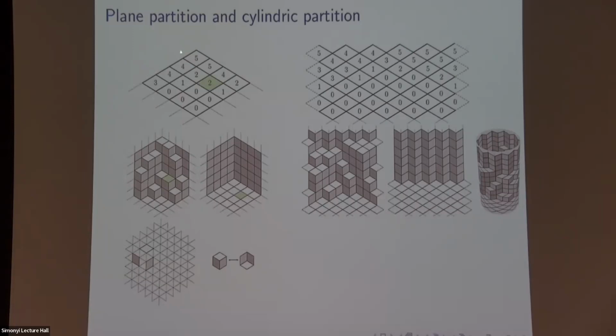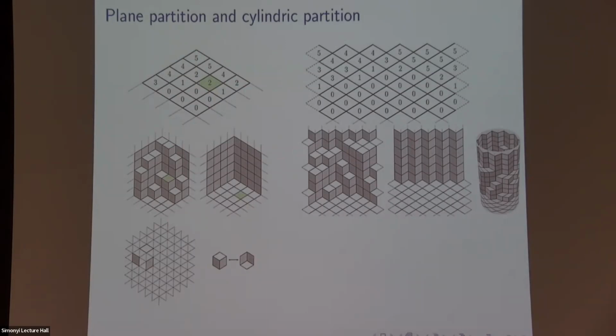It is a way of filling boxes of the square grid in a quarter plane with, again, non-negative integers, such that the entries do not increase when we move away from the corner in the direction of our square grid, and only finitely many of the entries are non-zero. So here is an example of such a plane partition.